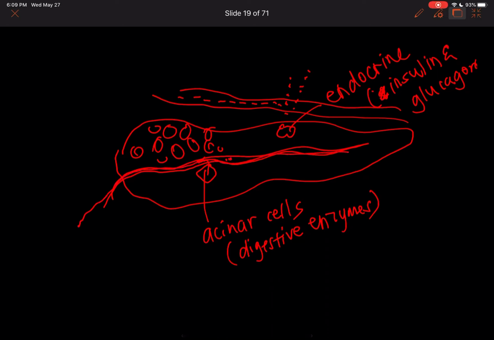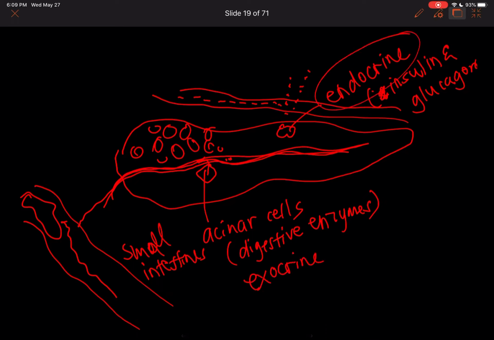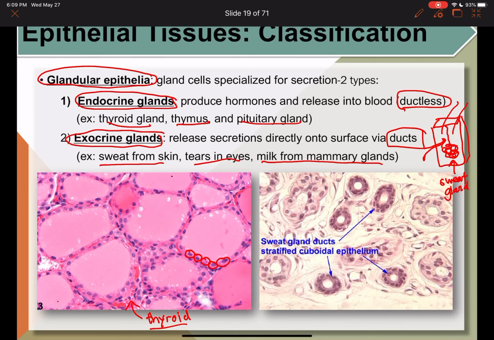And then it goes into your small intestine, and releases into the small intestine for digestion of the food that you eat coming through your digestive tract. Okay, so this is for endocrine function, as opposed to acinar cells for exocrine function. One has ducts, and one doesn't involve ducts, okay? All right.